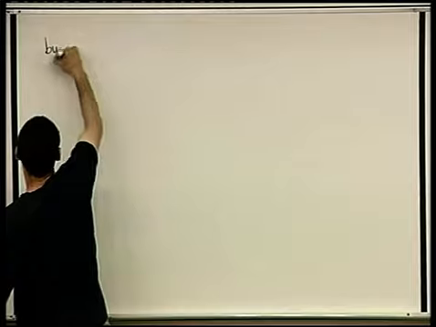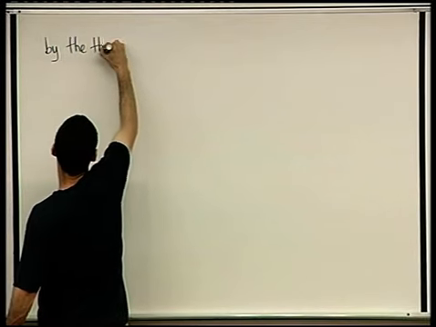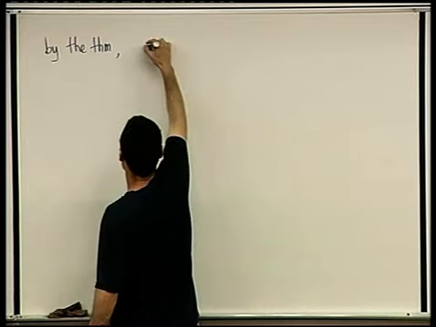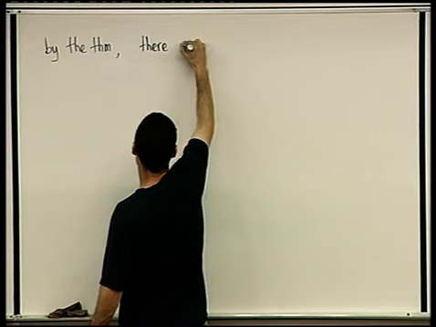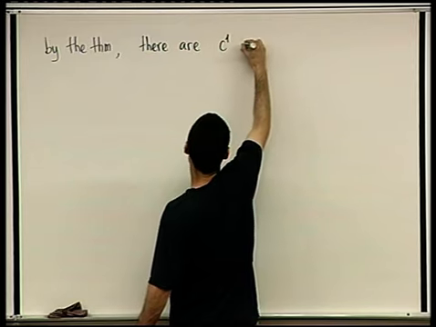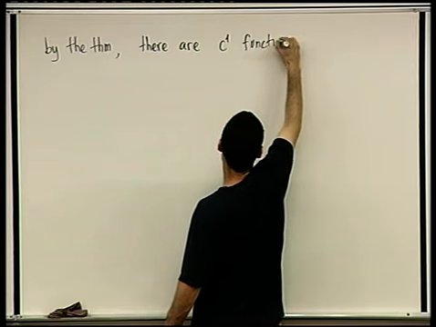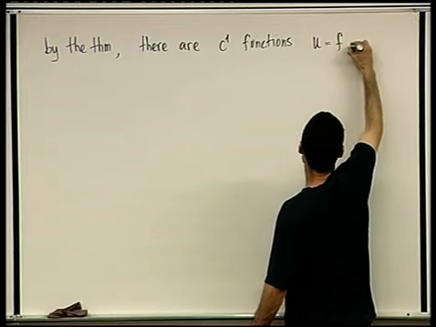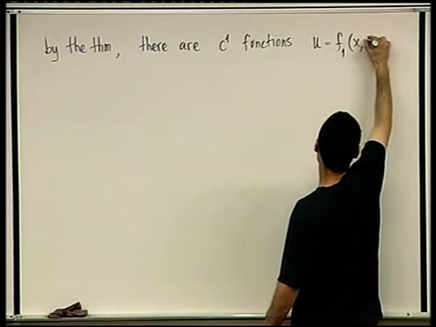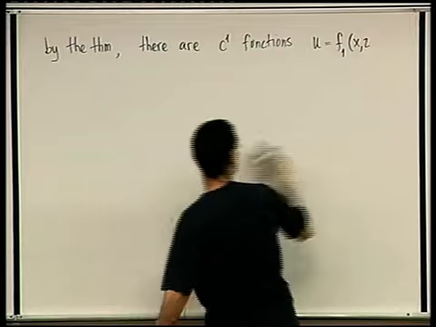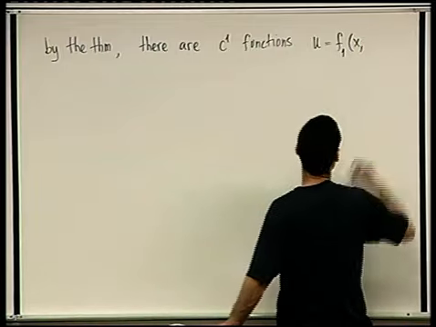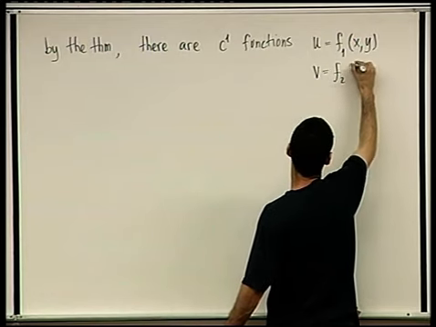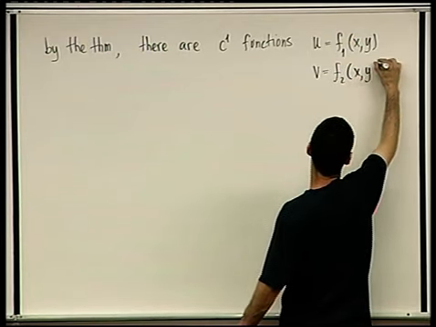So by the theorem, we know there are C1 functions, u as a function, call it f1 of x and y, and v as a function, you can call it f2 of x and y.